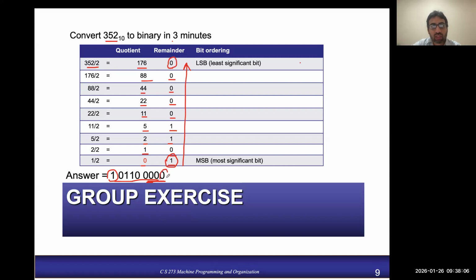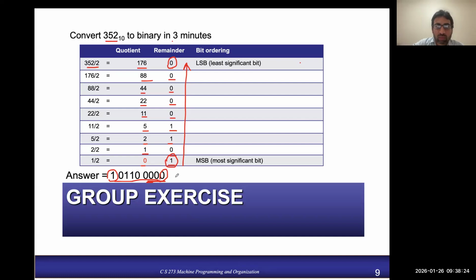By most significant bit, we mean the bit which has the highest value. Highest value in the sense that if we convert it into decimal form, it will be multiplied with the highest power of 2, right?